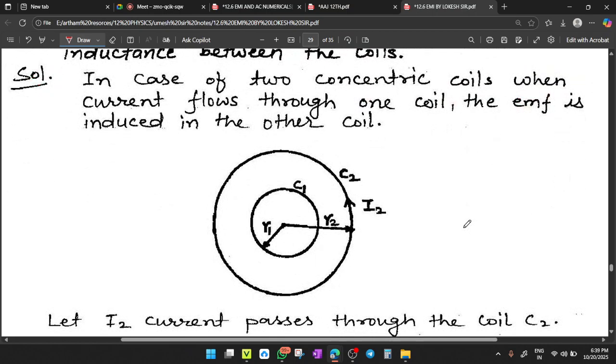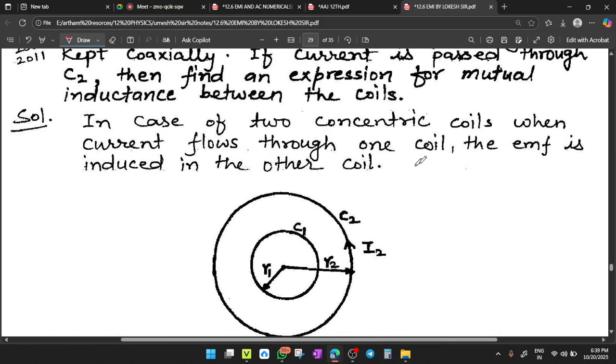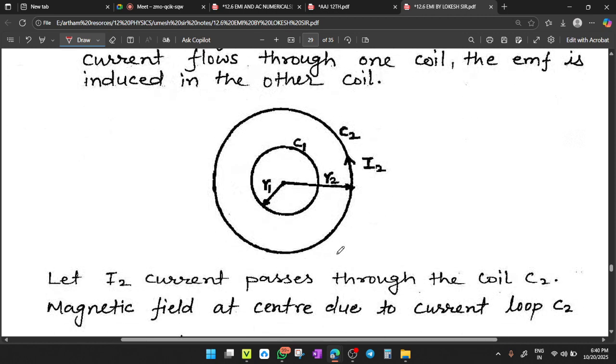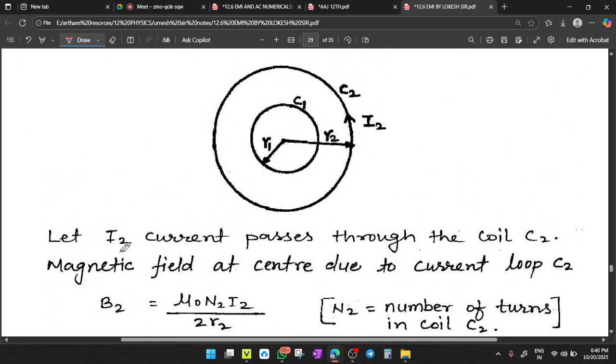In case of two concentric coils, current flows through one coil and EMF is induced in the second coil because in the second coil flux will change. Clear? Now I2 current is passed through coil C2.